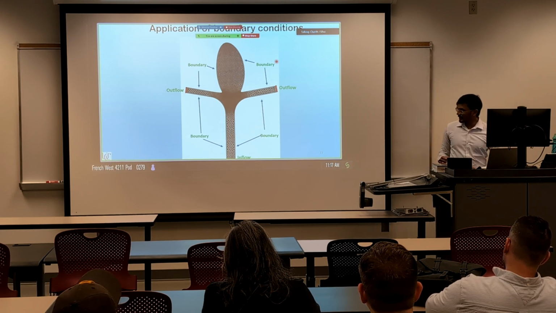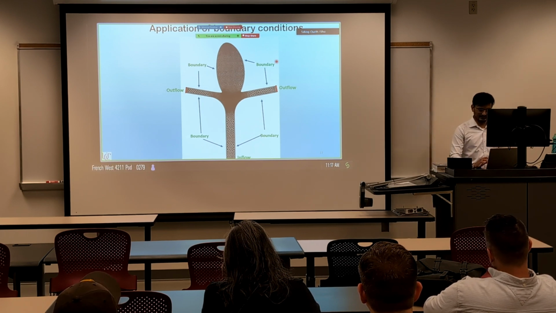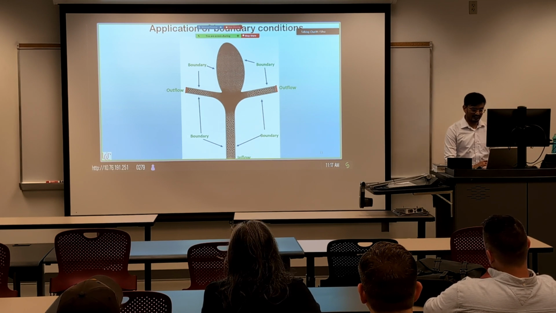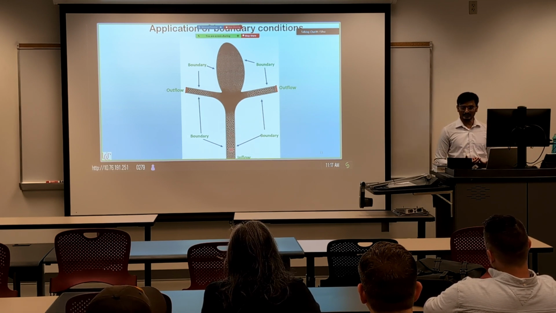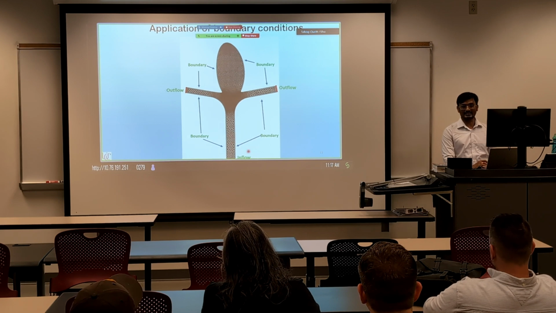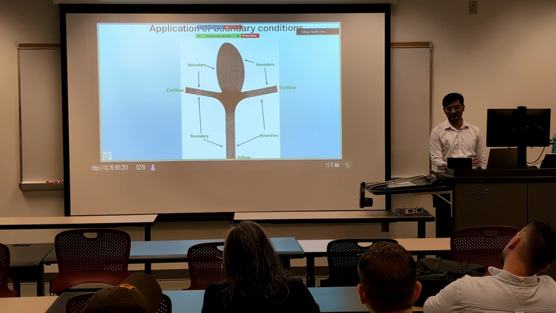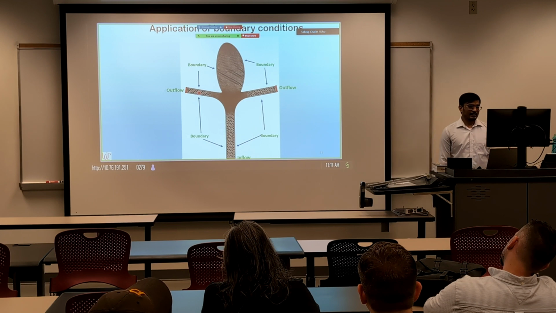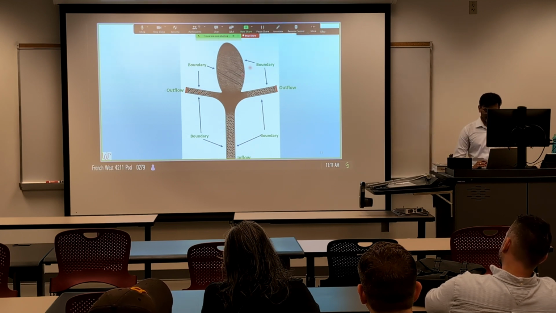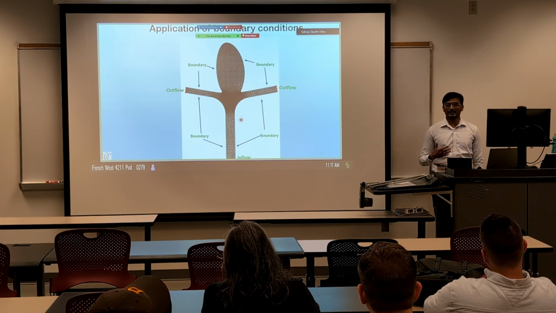So in our domain, when you have a bifurcation, the place where blood starts to come in through the A1 is the inlet, and these two, that's A2 and A-com, the end of those two blood vessels will be the outlets, and everything else around here will be the wall.